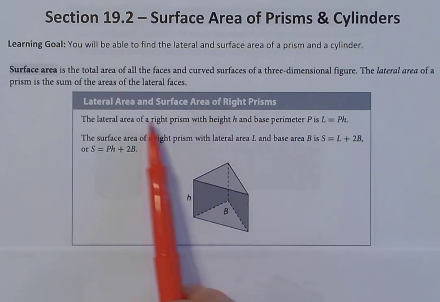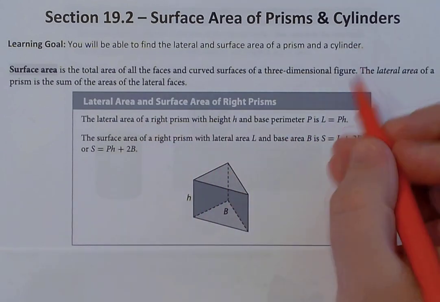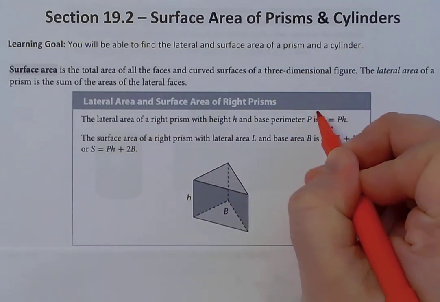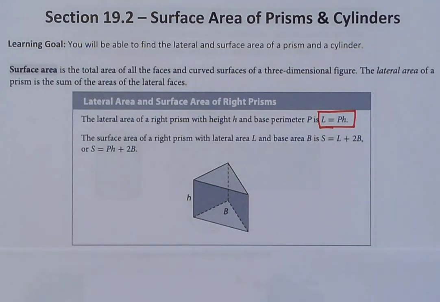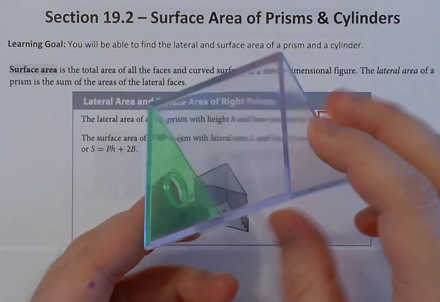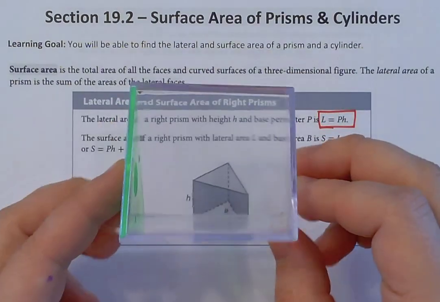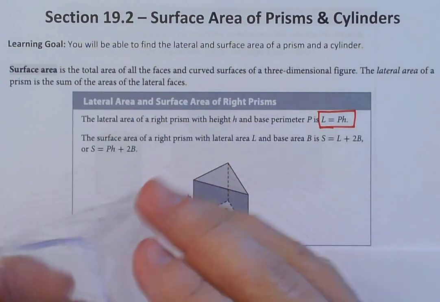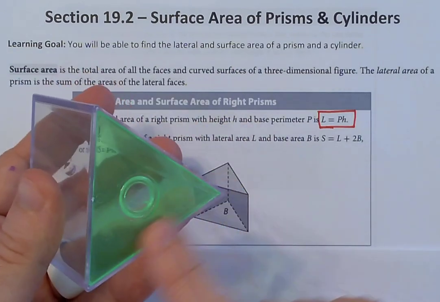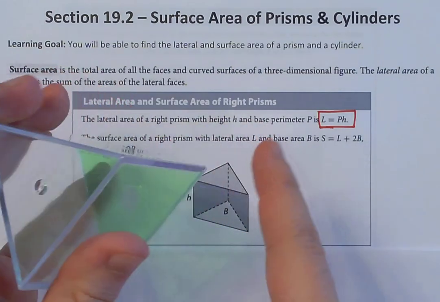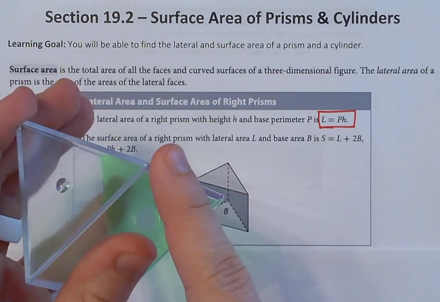So to figure out the lateral area, that is going to be L equals P times H. What that means is you're going to figure out the perimeter of your base, and then you're going to multiply it by the height of the prism.